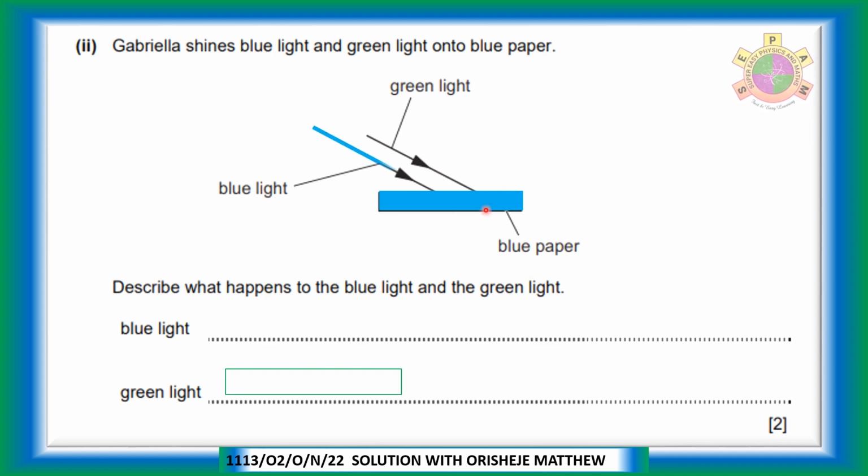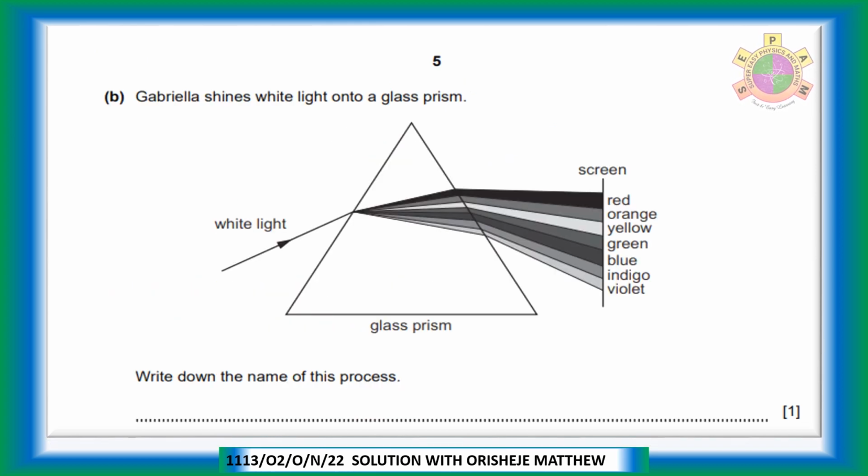So if blue falls on it, blue will be reflected. Then if green falls on it, green will be absorbed by the blue paper. So nothing else is reflected and you just see black.